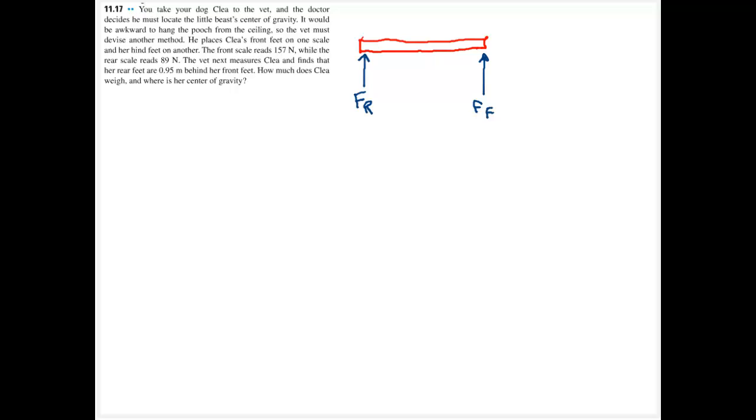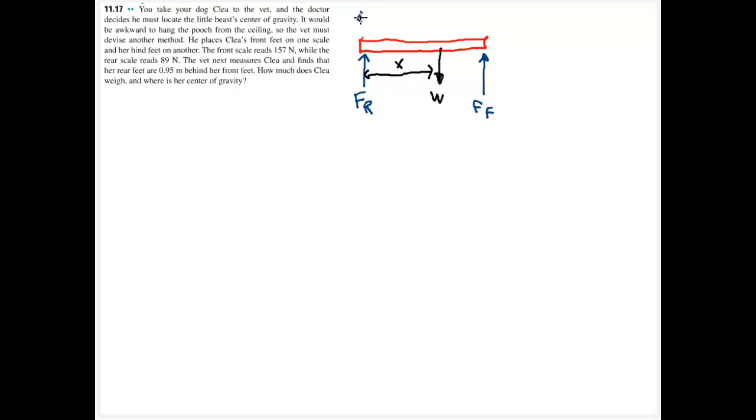In the downwards direction, we're going to have some weight of the dog, and what we're really interested in is where that weight is occurring. It's going to occur at some distance that we don't know. That distance is going to be x.